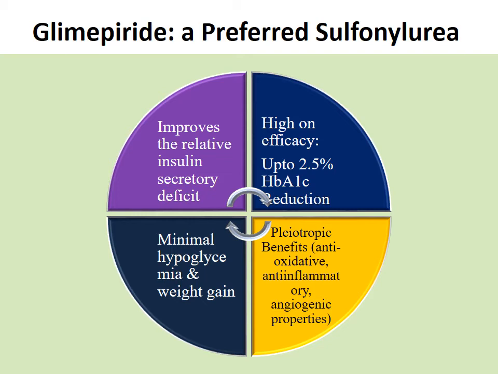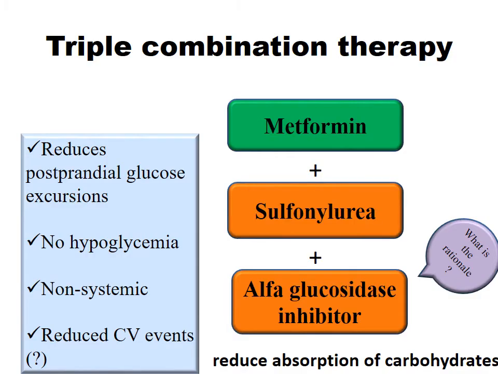So from the sulfonylurea, glimepiride can be used in triple combination therapy. Usually we start with metformin, add a sulfonylurea, and you can add a third drug if the blood glucose level is not controlled, an alpha glucosidase inhibitor.